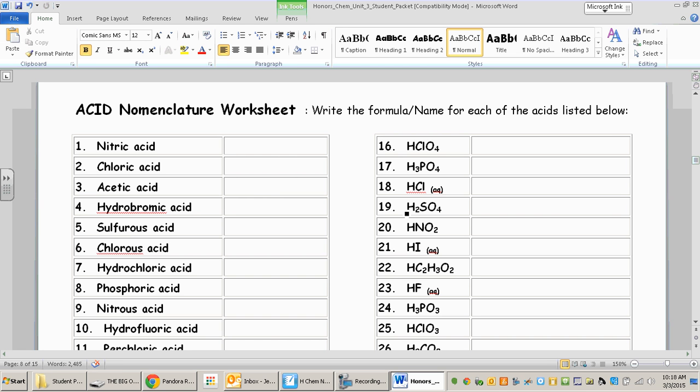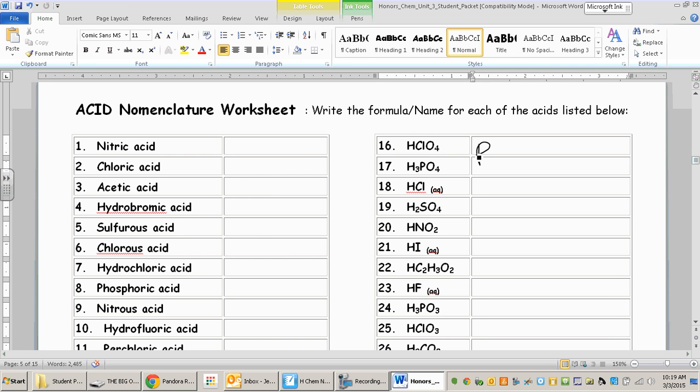So tell me, ternary or binary first? Ternary. How do you know it's ternary? Three elements, more than 2. So do you say hydro? No. Okay, go straight to the chase. What is that polyatomic ion? Perchlorate, but then you change it to what? Perchloric acid. Thank you.